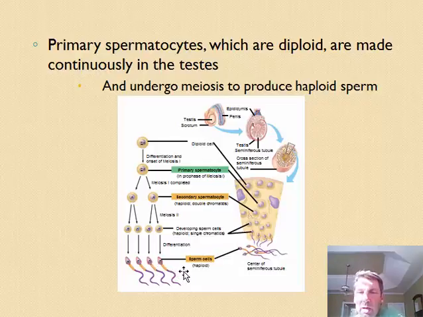And the sperm are motile. They have these long flagella, and they are motile, traveling to the egg. So the male gametes are produced in the testes, and they are motile.